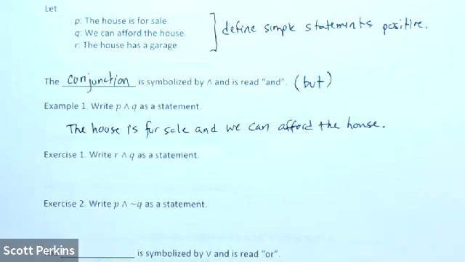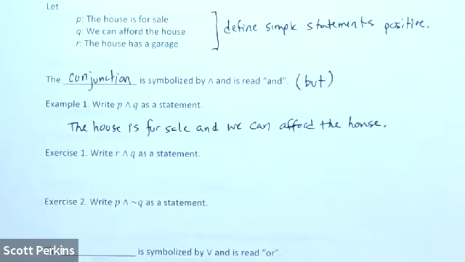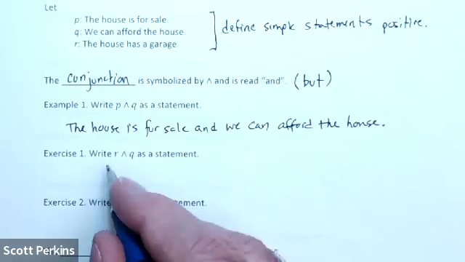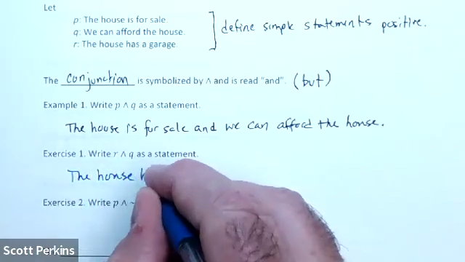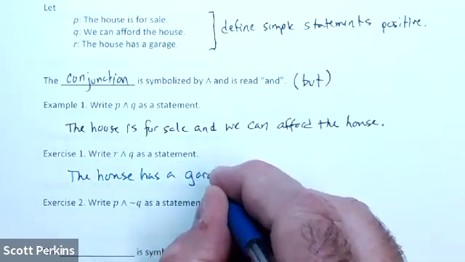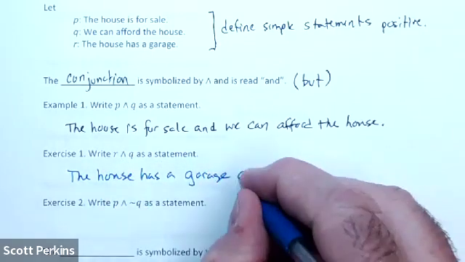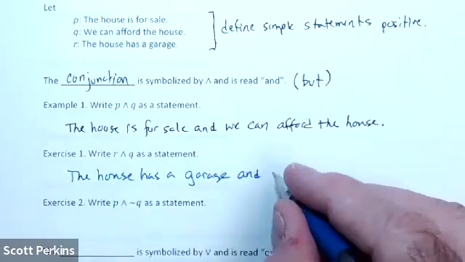If you've got something different than me, then let's talk about that. Let's just clear up any misconceptions here right away. Because this is basically what we're going to be doing for the rest of this section, we're going to be going through our new connectives and just writing symbolically, and then vice versa. I'll give you something written in words, and you're going to write it symbolically. We're going to do those two things. So, statement R is the house has a garage. The caret means and then Q is we can afford the house.